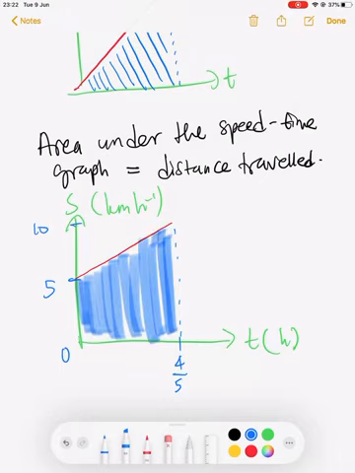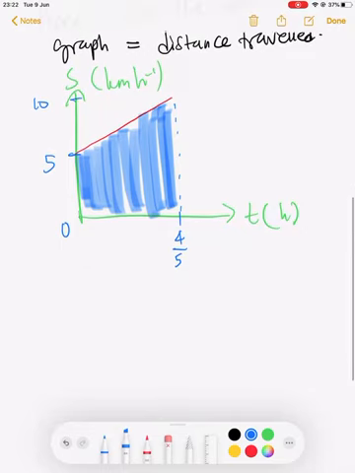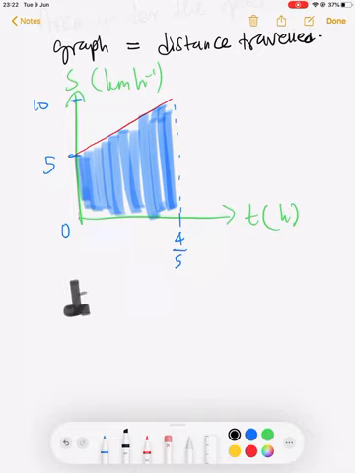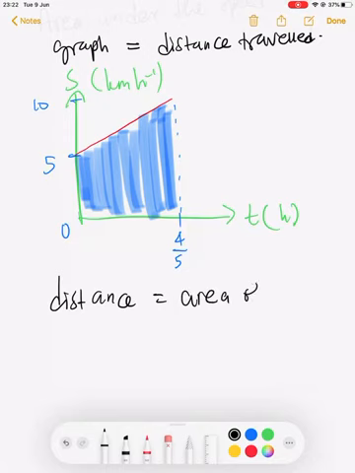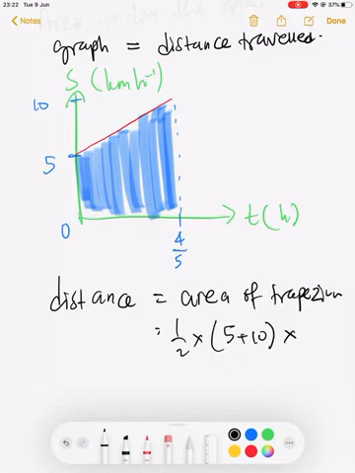So what shape is that? It is a trapezium. So the distance equals the area of the trapezium, which is (1/2) times (5 plus 10) times the height 4/5.